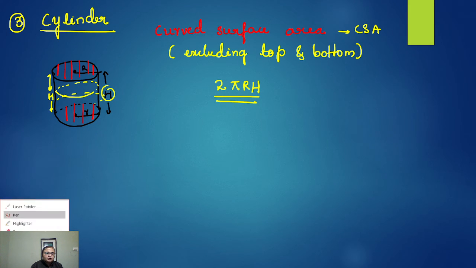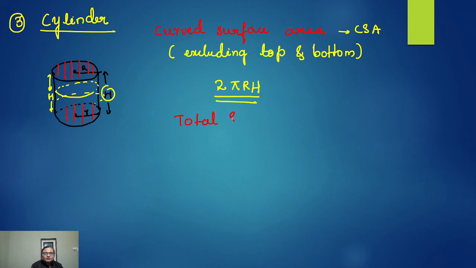Now next is total surface area. Total surface area includes the top face and bottom face of a cylinder. So what we have is 2 pi r h. Till now we considered curved surface area.